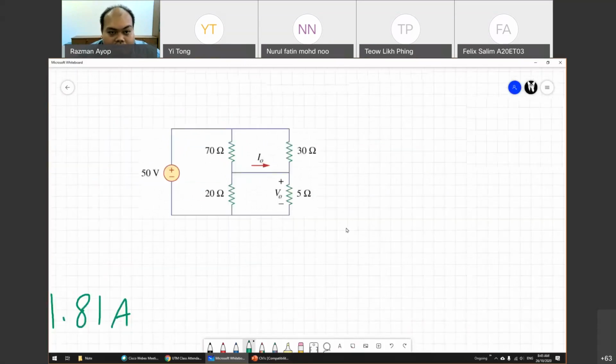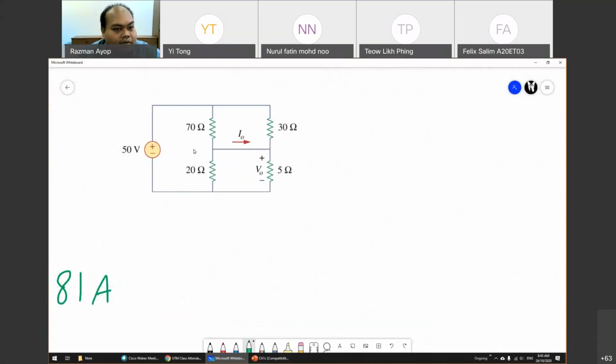Okay, this one is a little bit tricky. Here, this one is in parallel, this one is in parallel with this.